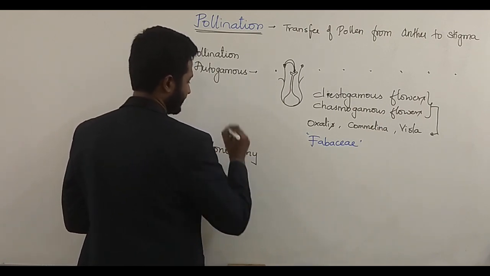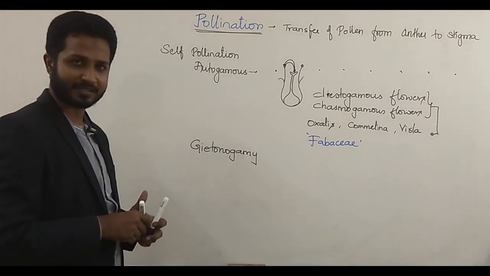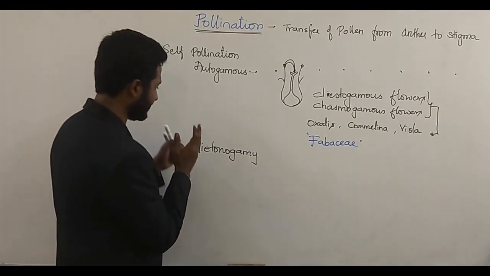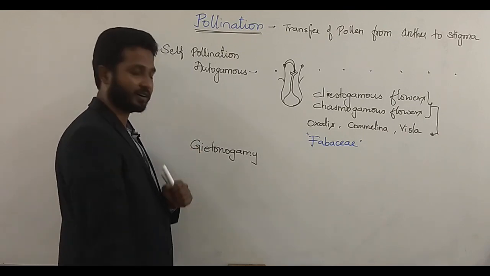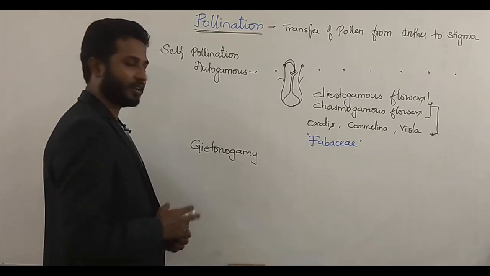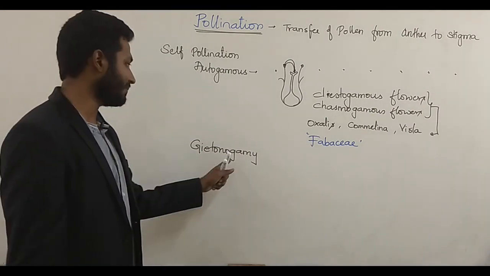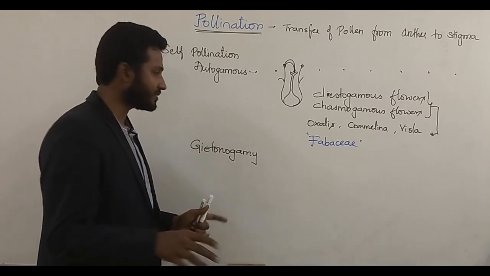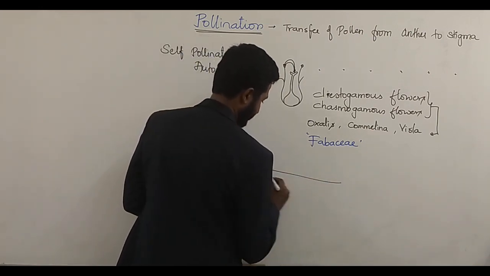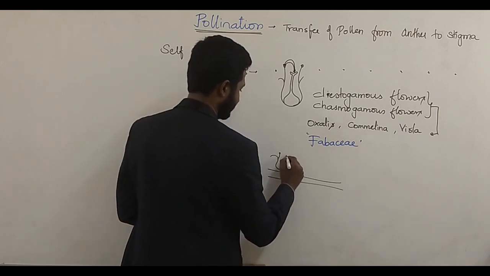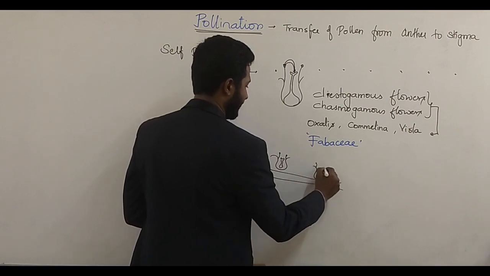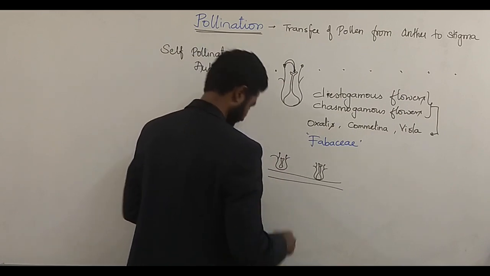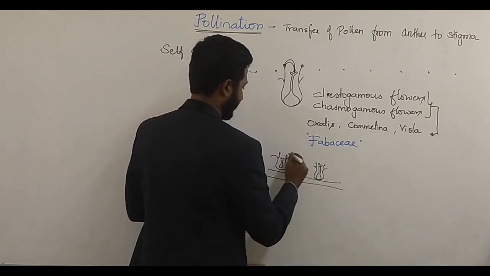Done? Now, moving ahead, let us talk about the next category, that is Nitonogamy, or the Nitonogamous condition. What exactly is the characteristic feature that we observe under Nitonogamy? See, Niton means neighbor. Gamy means marriage. So when we marry a neighbor, in other terms, pollen of one flower falls onto the stigma of another flower but of the same plant.